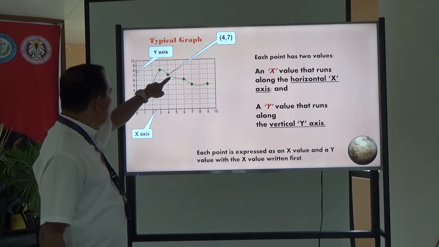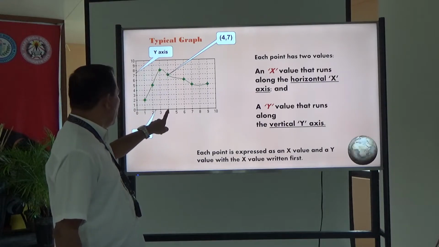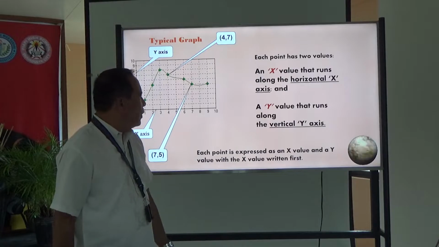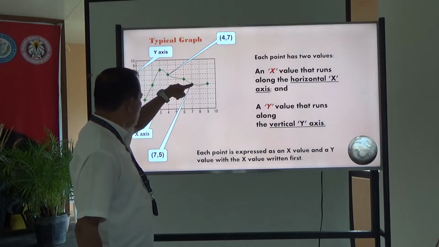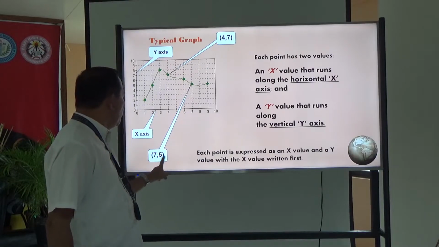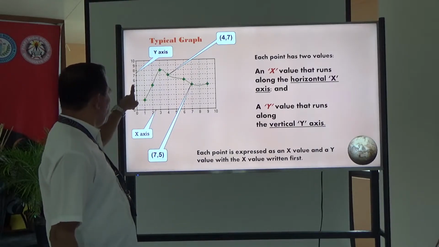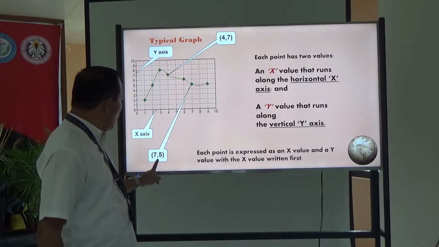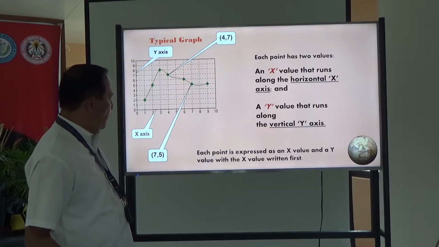In other words, this point has an x value of 4 and a y value of 7. Alright, how about this point here? This point has an x value of 7 and a y value of 5. That's why this point has a coordinate of (7, 5).